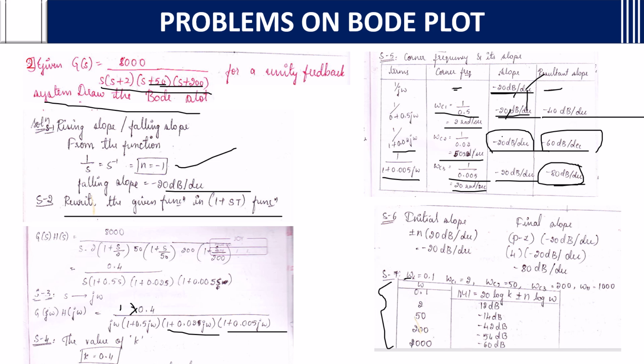Initially we should take 0.1 as the initial value, and the second corner frequency is 2, then 50 as one more corner frequency, and then the last one. 1 divided by 0.05, you will get 200. It's my mistake. It is 200 radians per second.